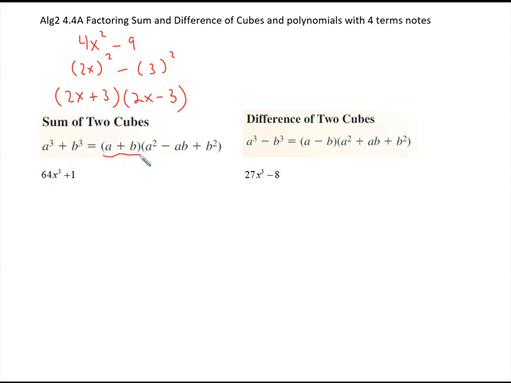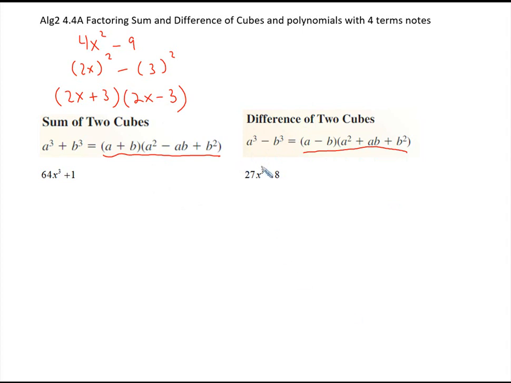And this would be the pattern that you follow to factor it. The same way with the difference of cubes, if you can get a to the third minus b to the third, then this would be the special pattern we use to factor the difference of cubes.